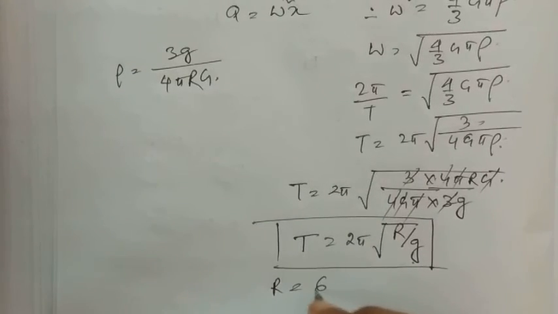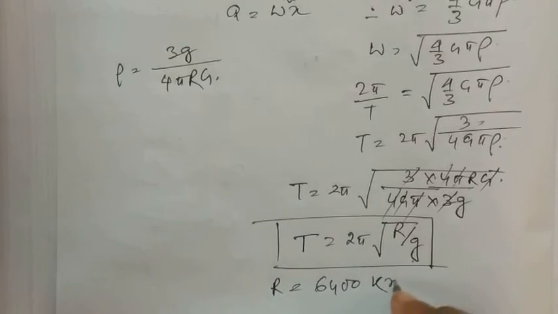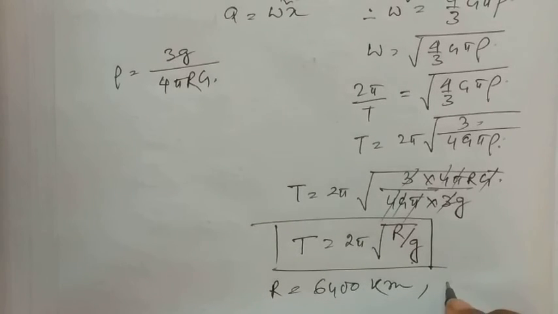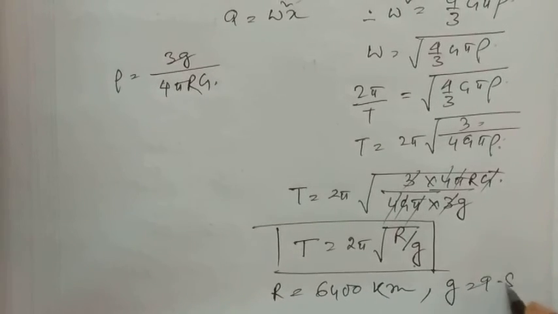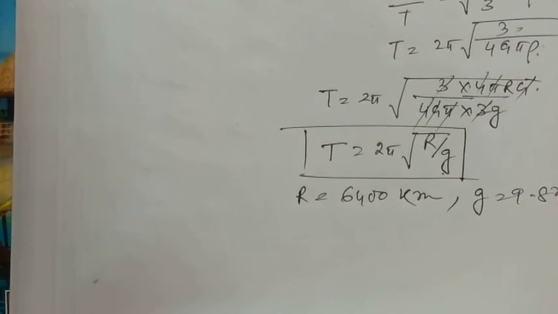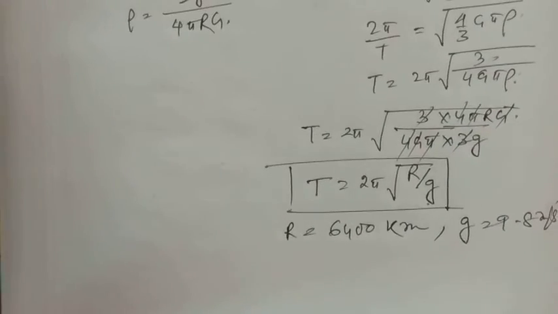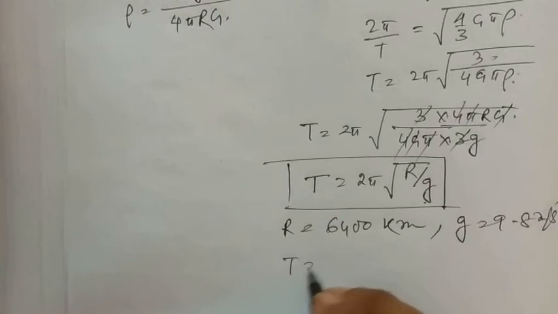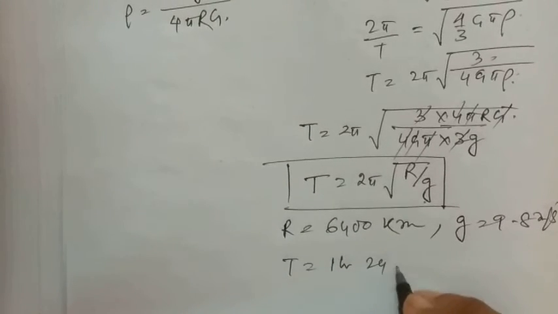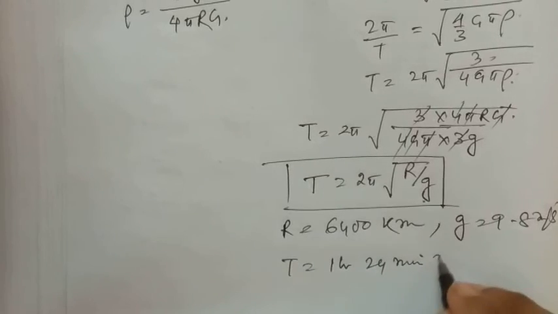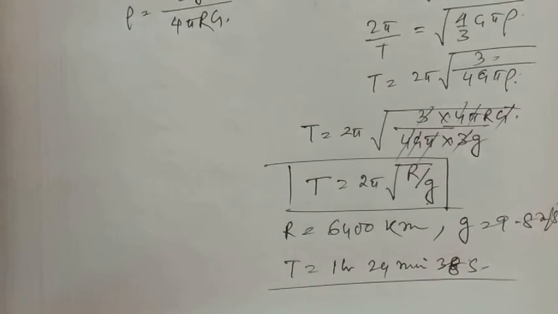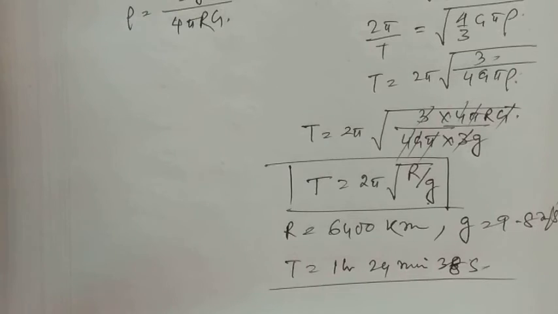Now, putting the standard values of R as 6400 kilometers and g as 9.8 meter per second square, we can easily calculate the value of T. If such a tunnel can be dug, the value of T will come out to be 1 hour 24 minutes and 38 seconds.